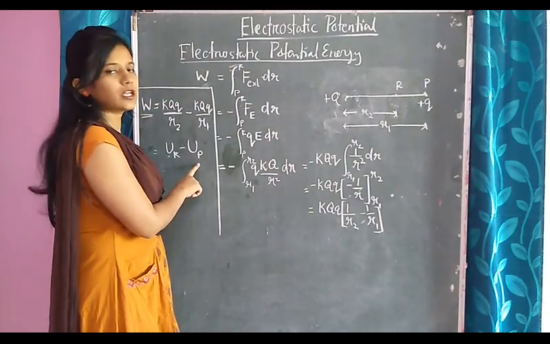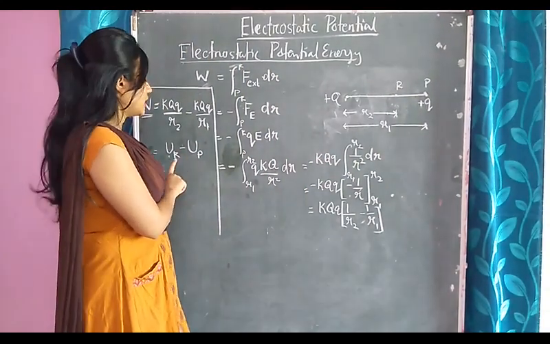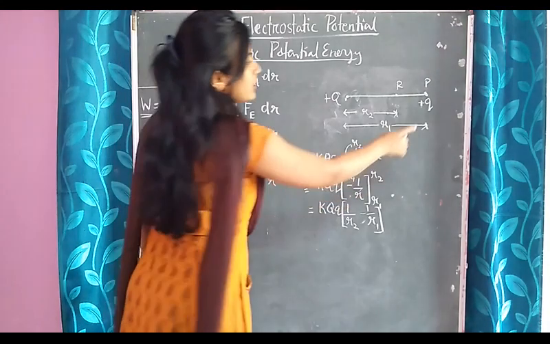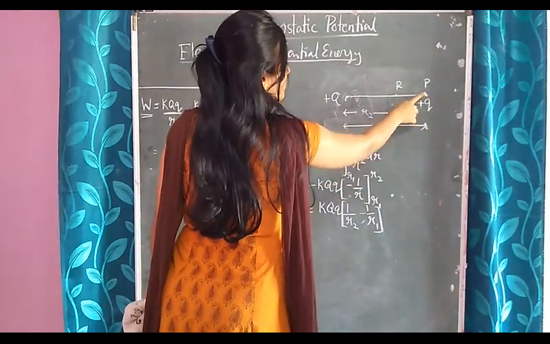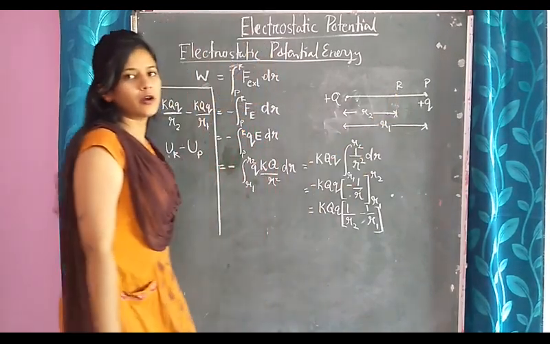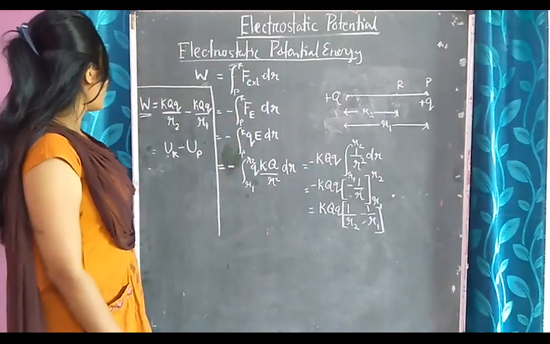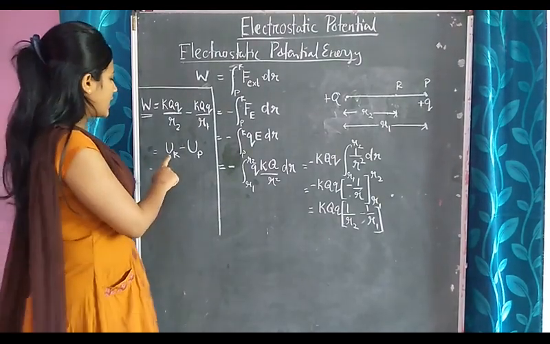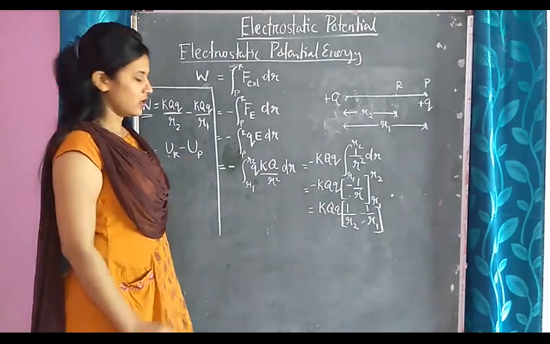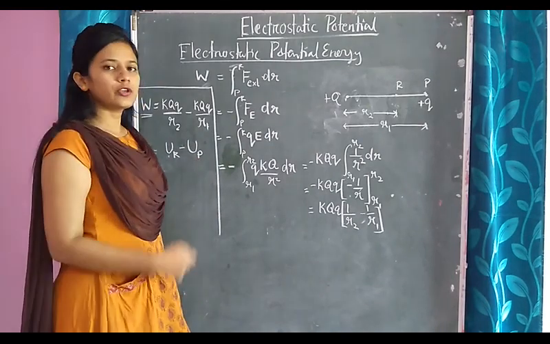So electrostatic potential energy difference is defined as the work done in bringing a charged particle from one point to another point. Now I will discuss potential energy. First I had written for potential energy difference.